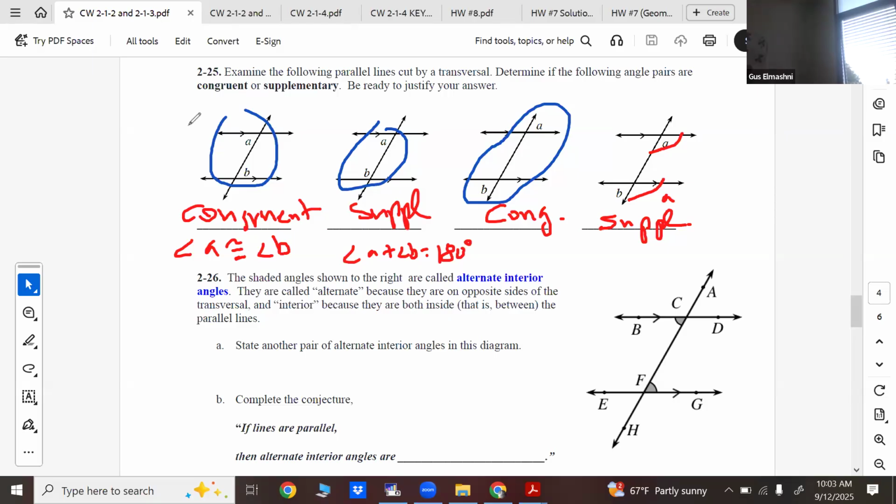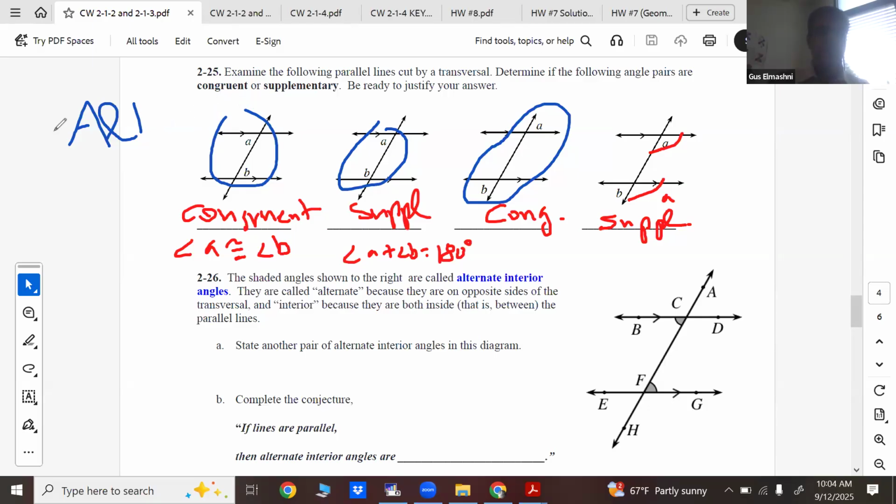Think of this like a sandwich: here's the bottom bun, the top bun, and you're inside the sandwich. So they're inside, and they're on opposite sides of this other line. When that happens, the name should hopefully be intuitive. It's called alternate.